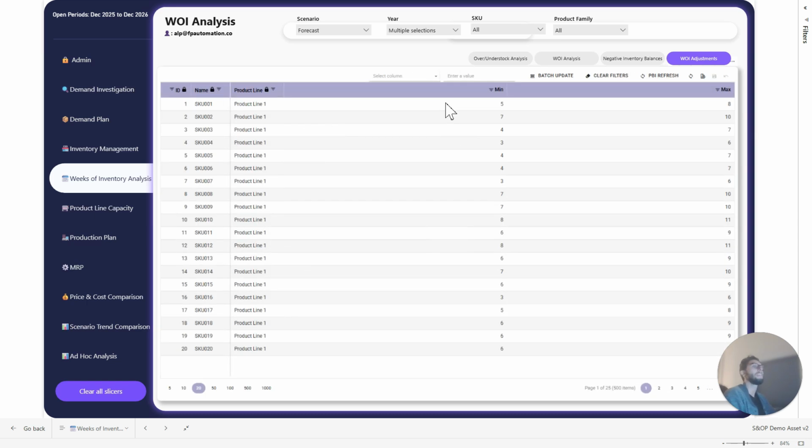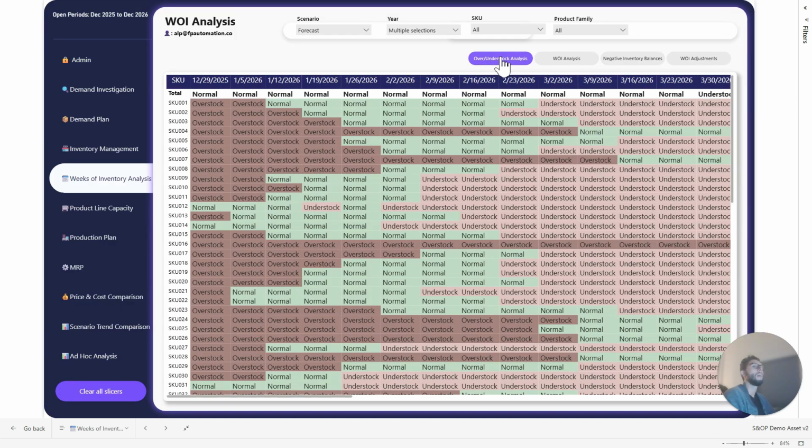In my case, I can see SKU number 1 has a weeks of inventory average that should be anywhere between 5 to 8. Well, we can have specific planning thresholds that we know these SKUs are supposed to be under, and if they are exceeded or are under those thresholds, we can easily spot them out and know exactly where we need to make production planning adjustments in order to ensure that we are not over or under stock in any of our SKUs that could potentially thwart the demand.